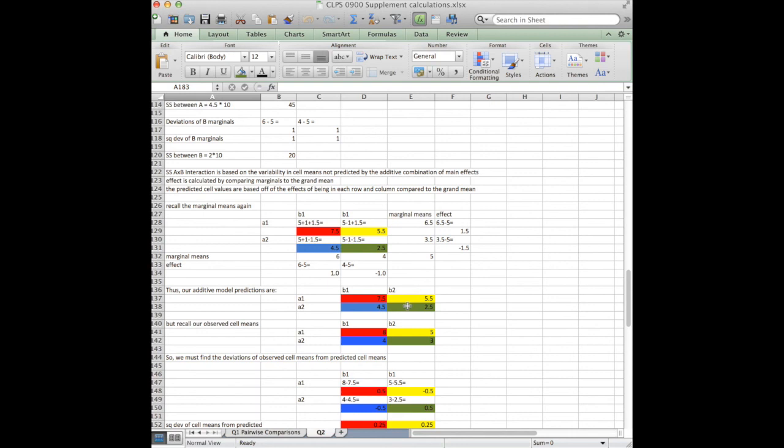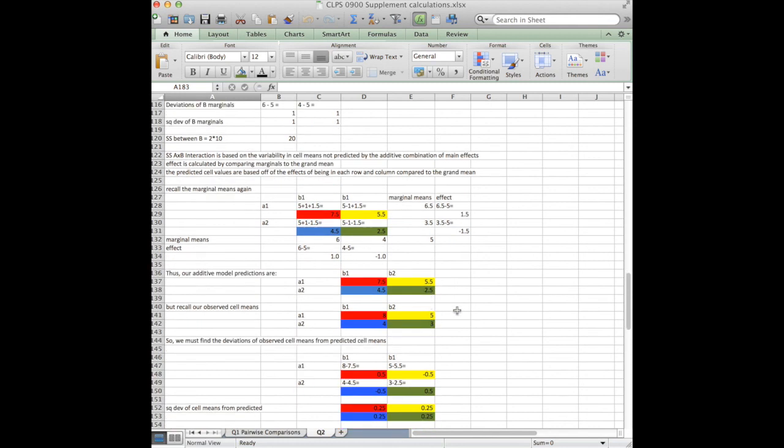These are the predictions based on the additive model for the cell means. But remember that earlier we calculated observed cell means based on the actual data that we have. I'm just reproducing that here. Our observed cell means were 8 for the red cell, 4 for the blue cell, 5 for the yellow cell, and 3 for the green cell.